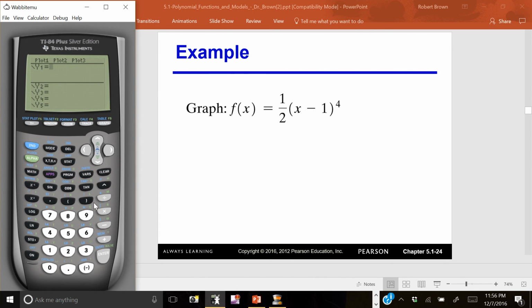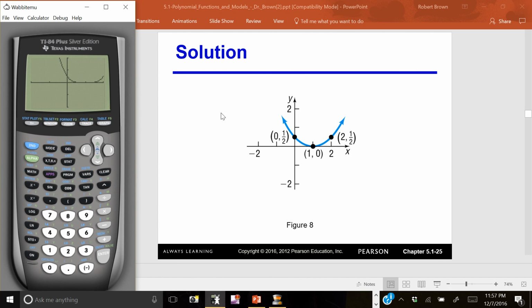Let me clear that again because I noticed I'd left a 5 there. So let's do this again very quickly. 1/2 times x minus 1 to the fourth power. And let's go ahead and hit graph. And sure enough, the solution is just like this.